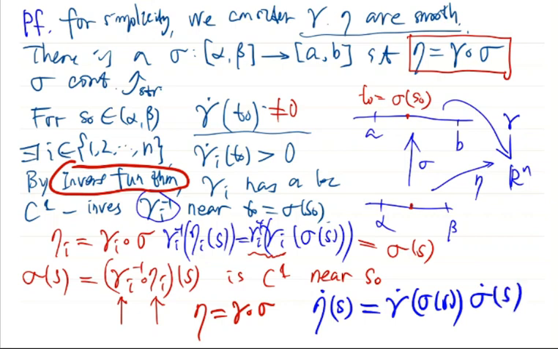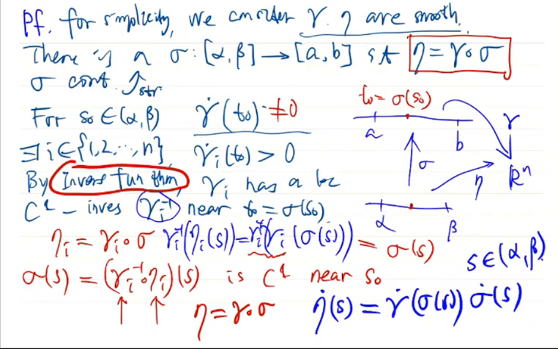For this equality, be aware that this is a vector in Rn, this is also a vector in Rn, but the derivative of sigma at s is a real number. So a vector equals a real number multiplied by a vector. This equality is true for every s in the interval alpha beta.